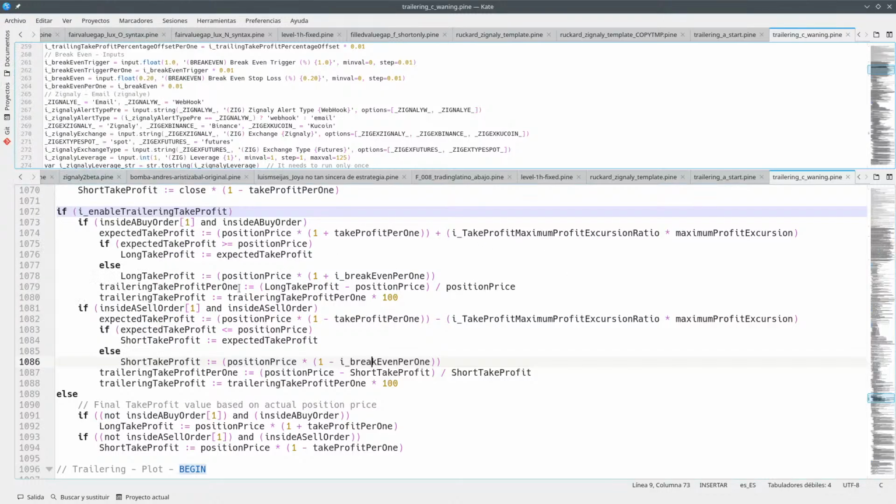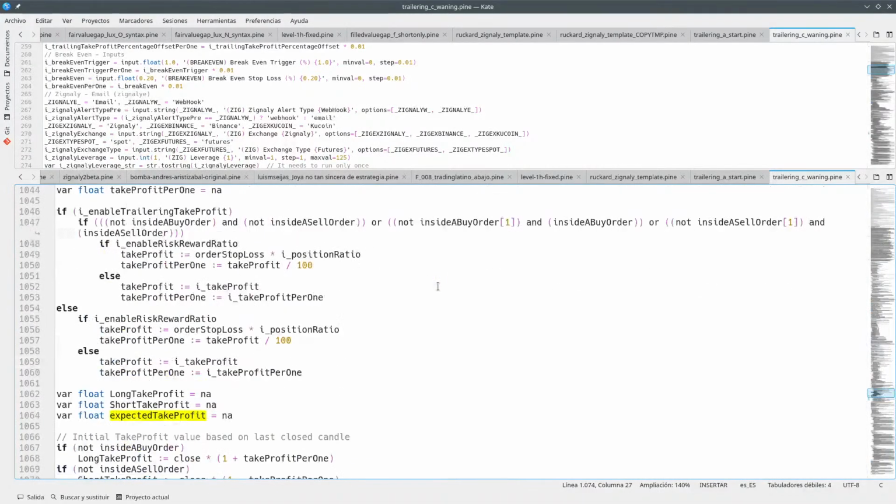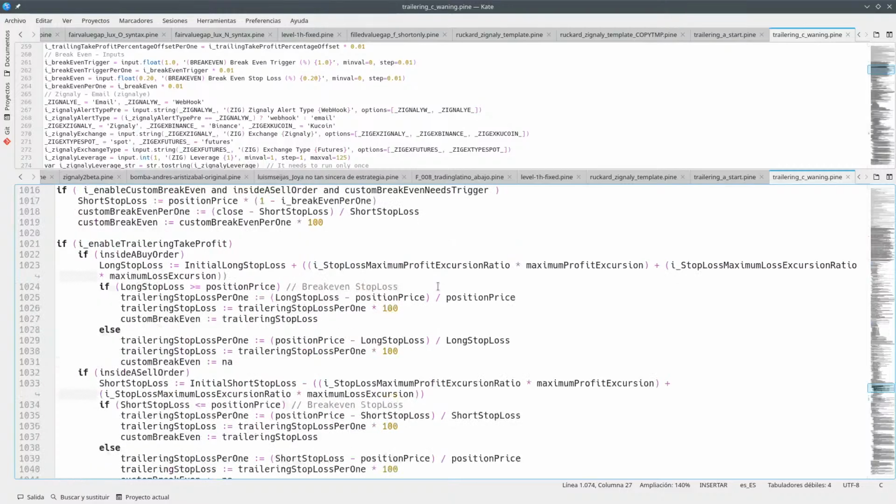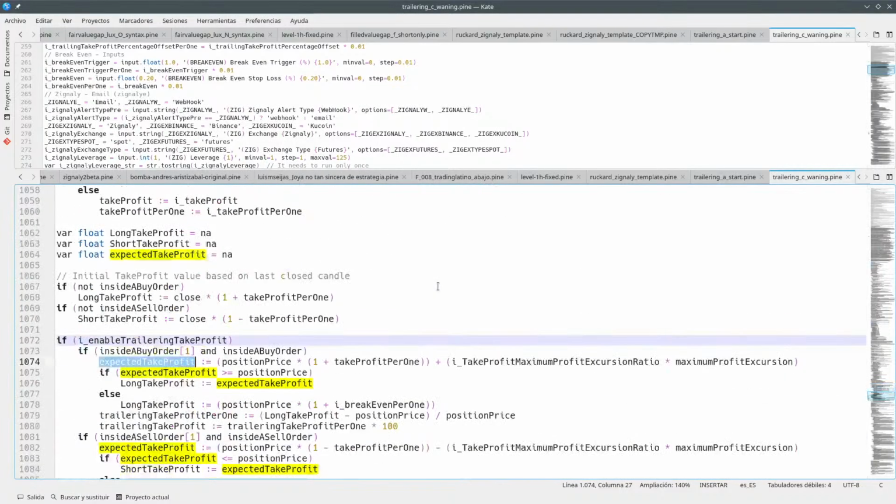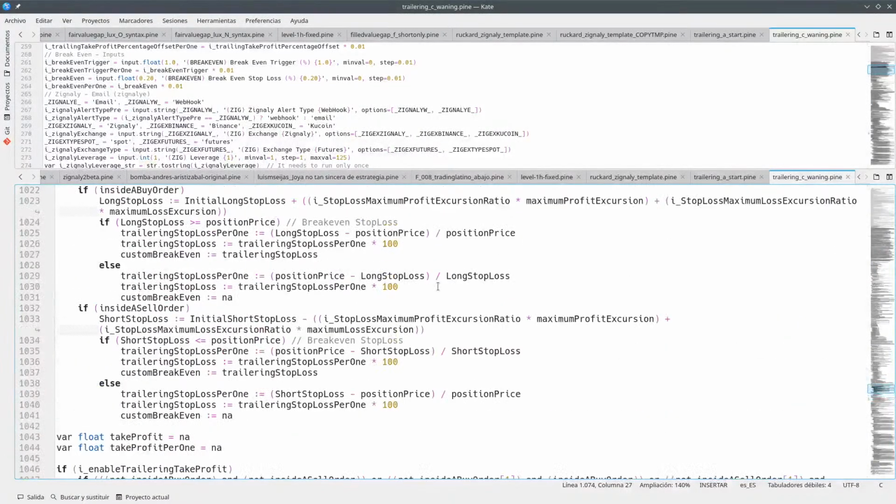So if this expected take profit, wait a moment. We have not worked with this. I mean, there's something that we need to use right now, which is, yeah, wait a moment, we want to add the loss.